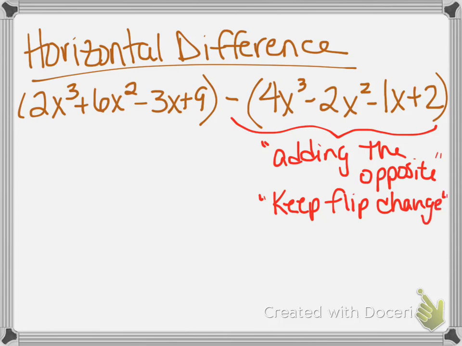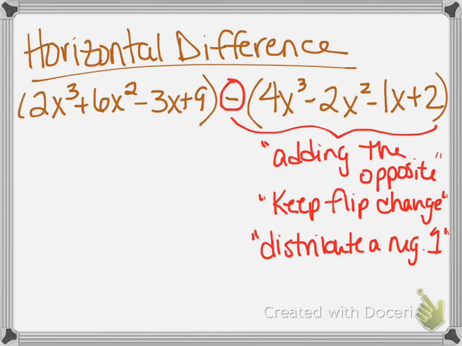Or you can think about distributing a -1. Okay, either way, you have to account for the fact that this is now a negative sign, which makes everything in your second set of parentheses change signs.